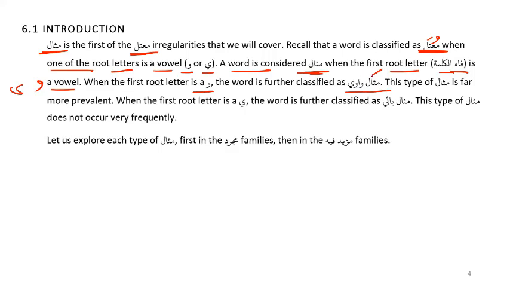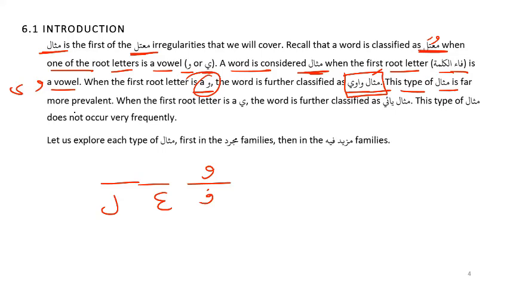So mithal because the issue is with the first letter, and wawi because we have a waw in the first letter. So if you have your fa kalima, the ain kalima, and the lam kalima, if we have a waw as the first letter of the three root letters, then this sort of verb is called mithale wawi. Wawi because of the waw.